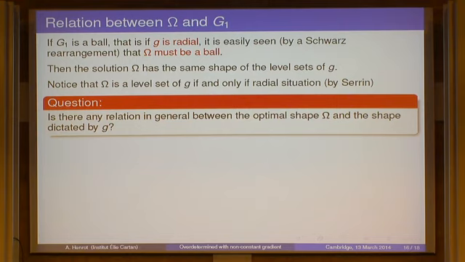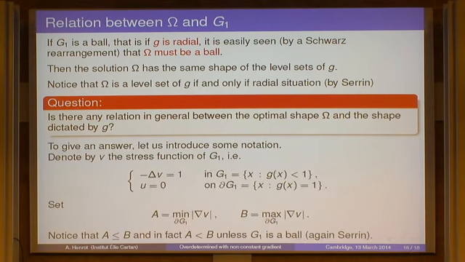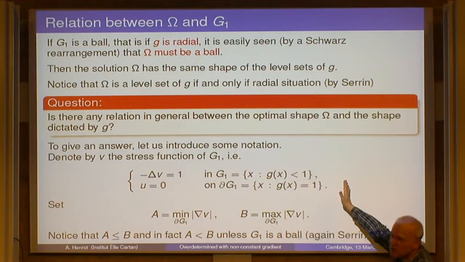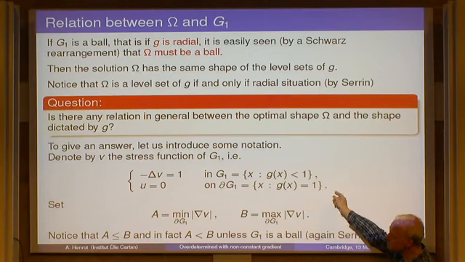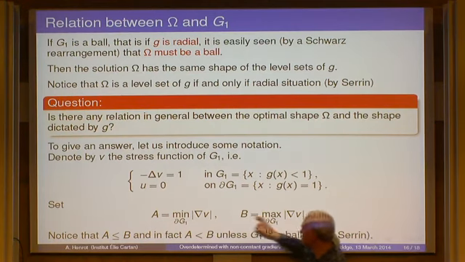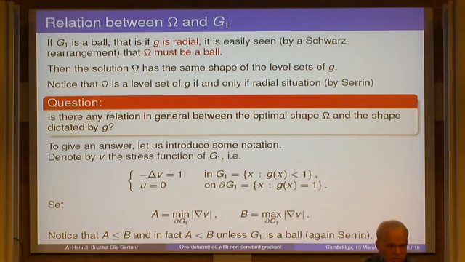So my question is, is there any relation between omega and, for example, J1 or some scaling of J1? More precisely, I will introduce, so J1, this level set, is an open set. I compute the solution of my torsion problem on J1, and I introduce the minimum and the maximum of the gradient of the torsion function over the boundary.